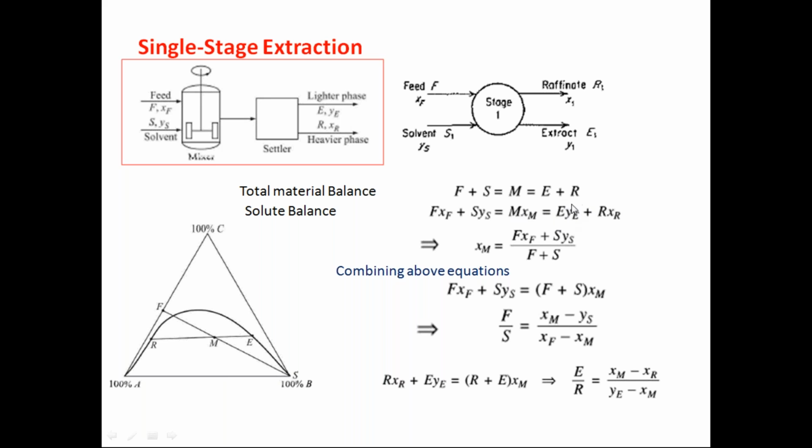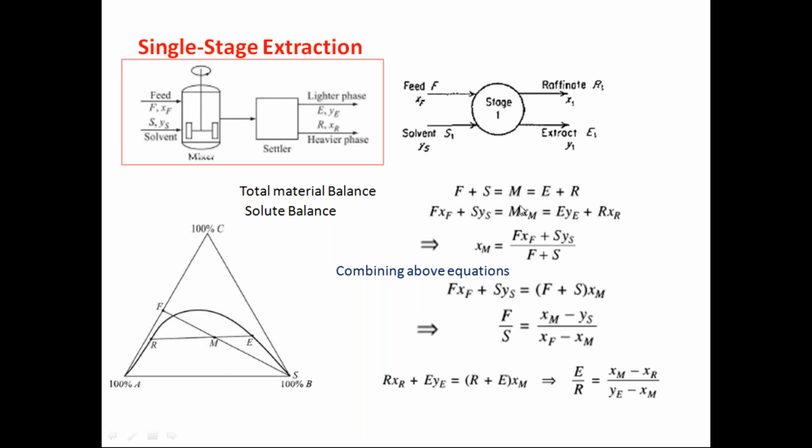E into yE: E is the quantity of the extract phase generated from this mixture, and yE is the quality, or weight fraction, of the C in the extract phase. So this will give you the C contained in the extract phase. Then R into xR will give you the C contained in the raffinate phase. So the E phase is a stable phase, the R phase is a stable homogeneous phase.